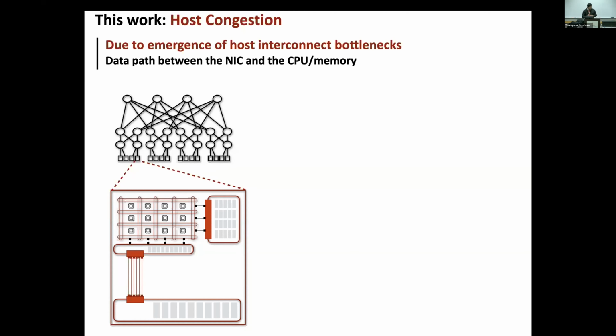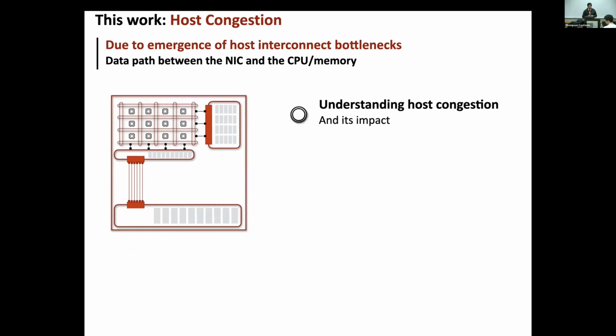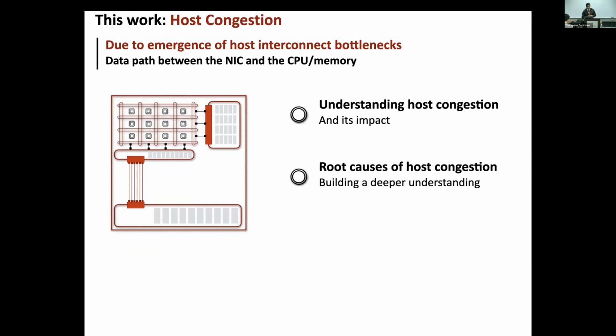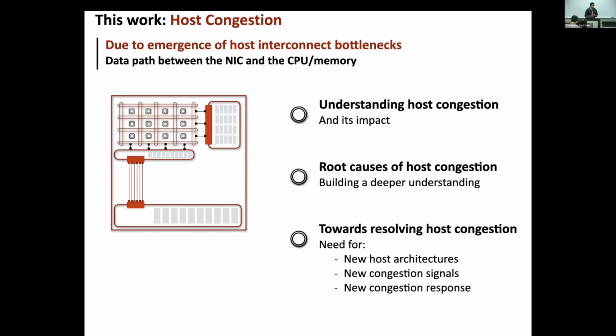This is a bit surprising because typically the host interconnect is assumed to have much larger bandwidth than the typical NIC line rates. So in this talk, I'm going to talk about what this problem of host congestion is, what its root causes are, and how we can rethink our congestion control and host architecture in order to resolve this problem.